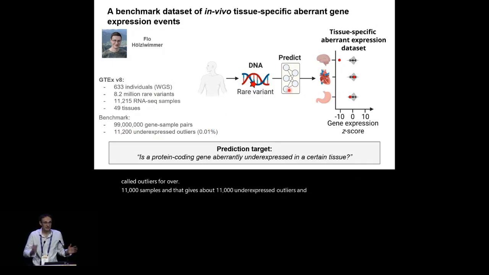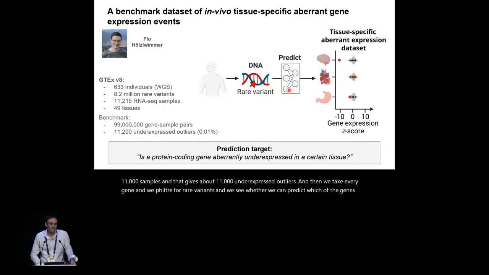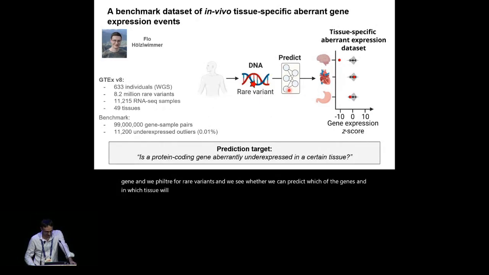And then we take every gene and we filter for rare variants, and we see whether we can predict which of the genes and in which tissue will give an outlier. We can do this even in a continuous fashion. You don't have to purely binarize. The benchmark is done in a binarized fashion, but the model is built in a regression fashion.